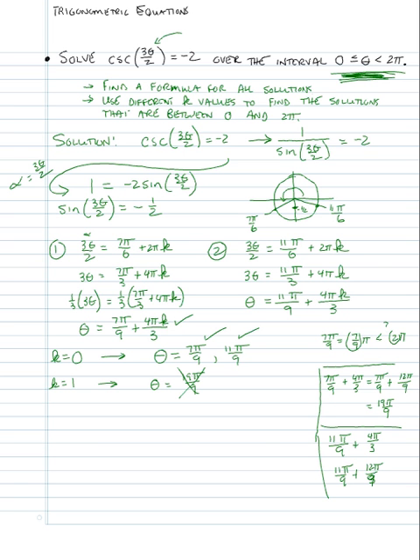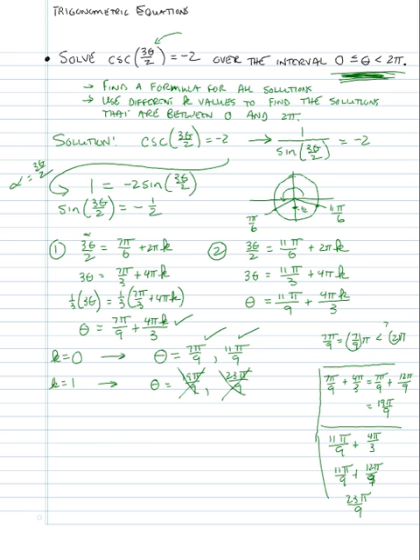Multiply numerator, denominator by 3. And that gives me 23 pi over 9. Well, 23 over 9 is bigger than 2. So this is bigger than 2 pi. And of course, I'm just getting bigger by adding more multiples of pi. And so I can really stop at this point. That's all there is, folks. 23 pi over 9 is not good.